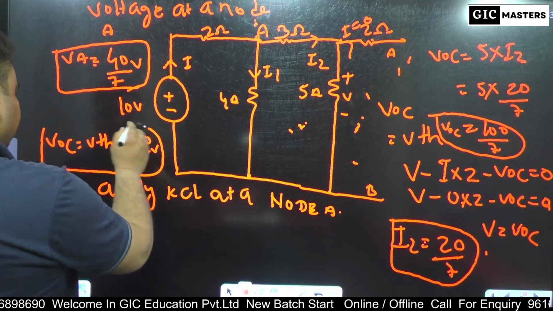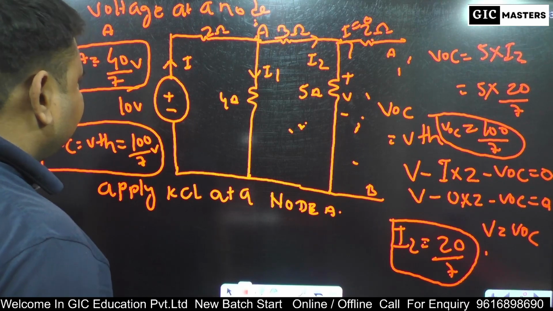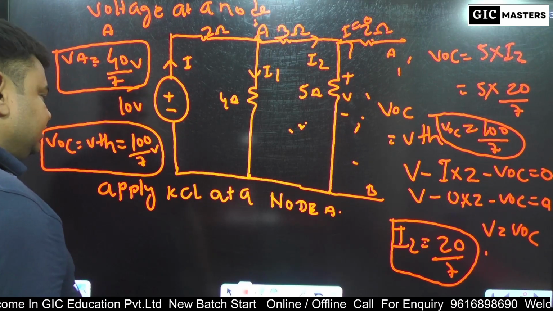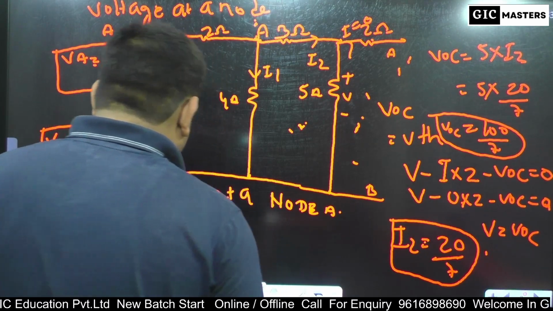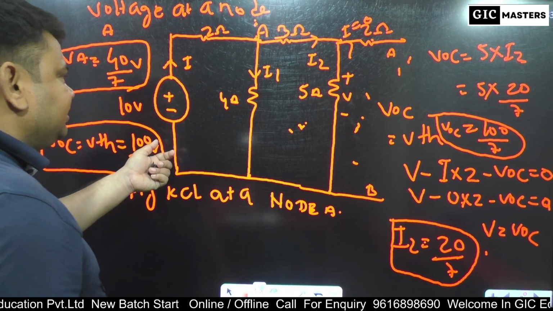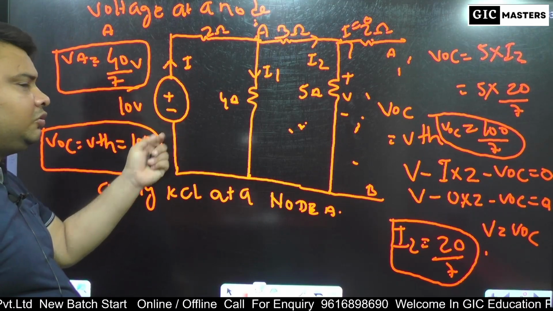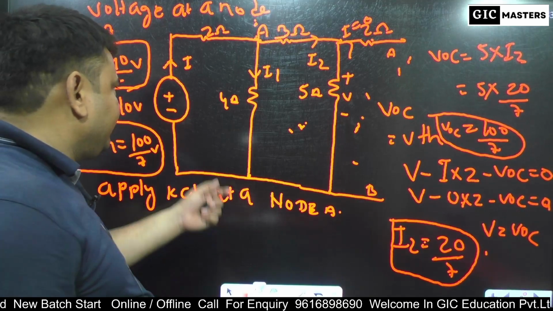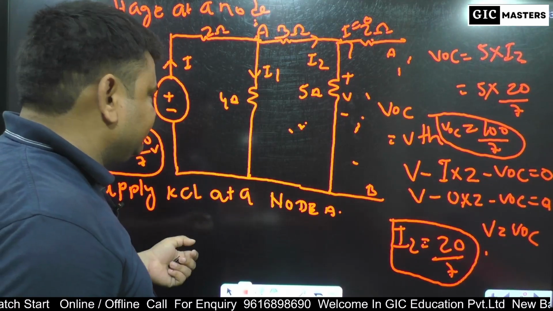This is the Thevenin's voltage, 100 by 7. Again, for calculating Thevenin's resistance, the voltage source is short circuited and the current source is open circuited.